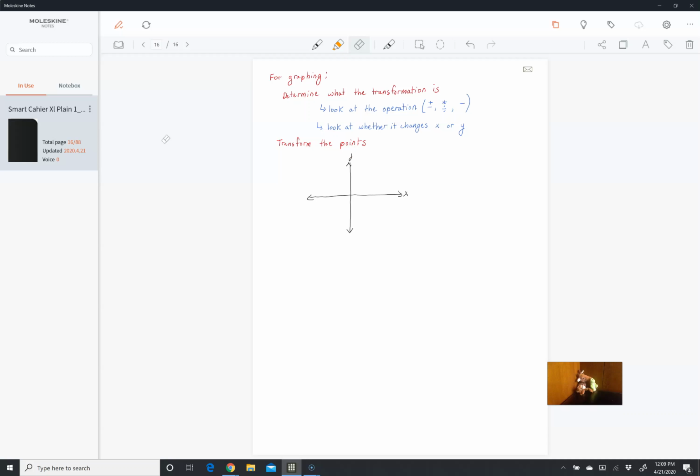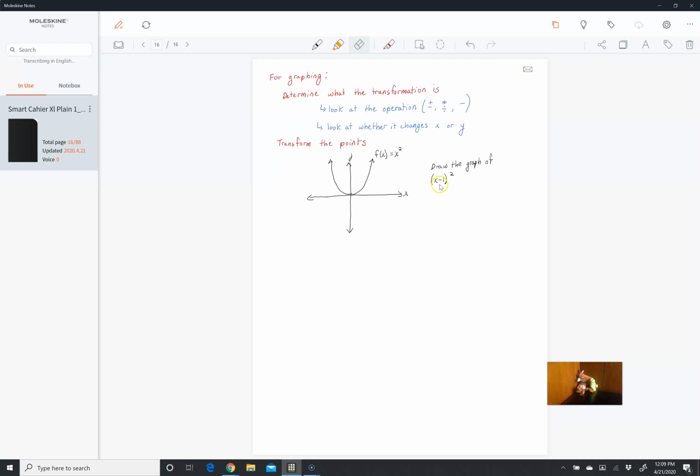But if this is y equals x squared, or f of x equals x squared, then it might say draw or sketch the graph of x minus 1 squared. Okay, so this tells you, you should be able to do this yourself at this point.